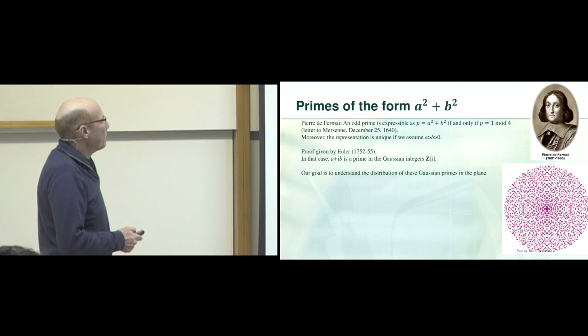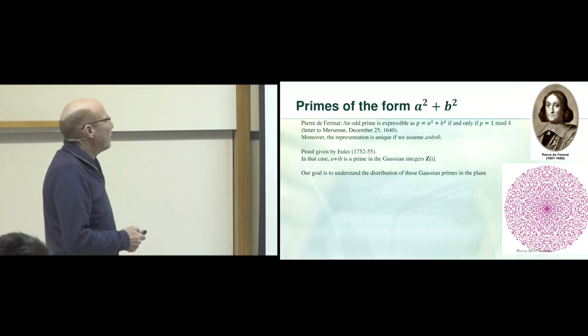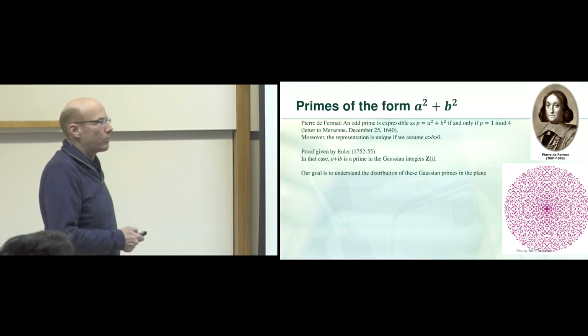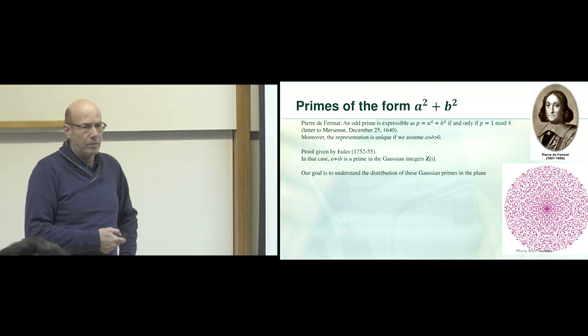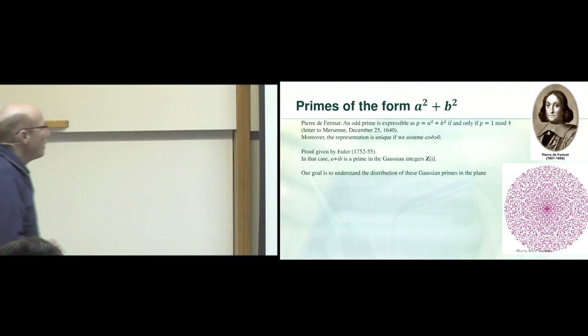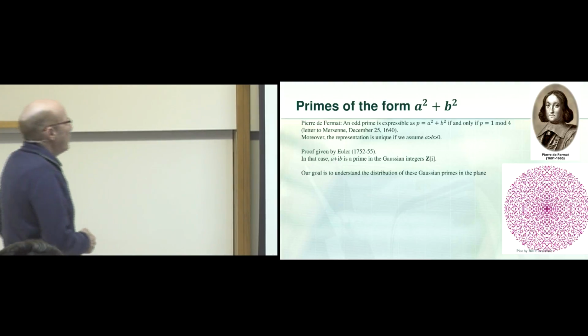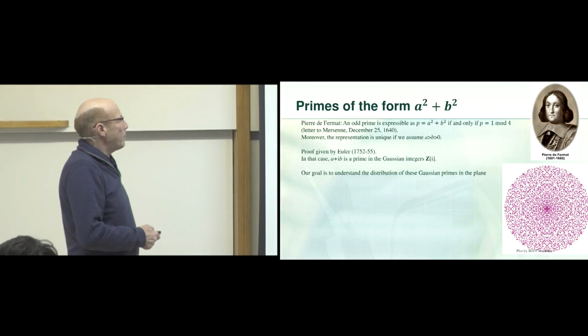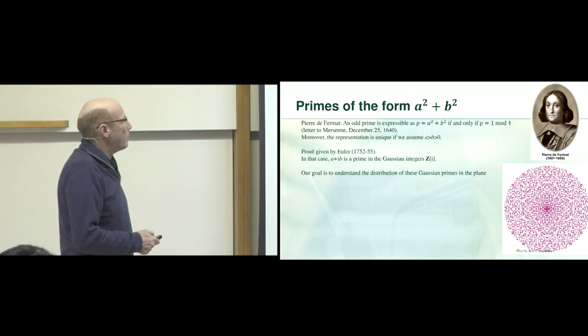So if P is A squared plus B squared, you can factor it as A plus iB times A minus iB. And these are Gaussian integers which are irreducible. In other words, they are primes. And my goal here is to understand how these Gaussian primes are distributed in the plane.